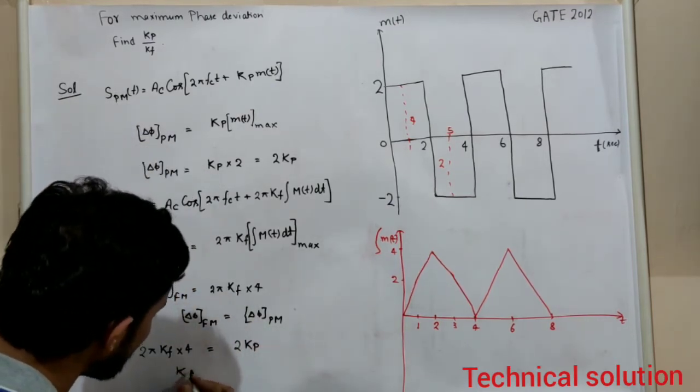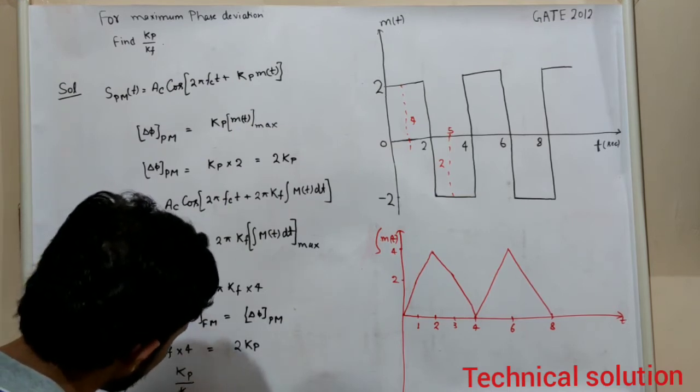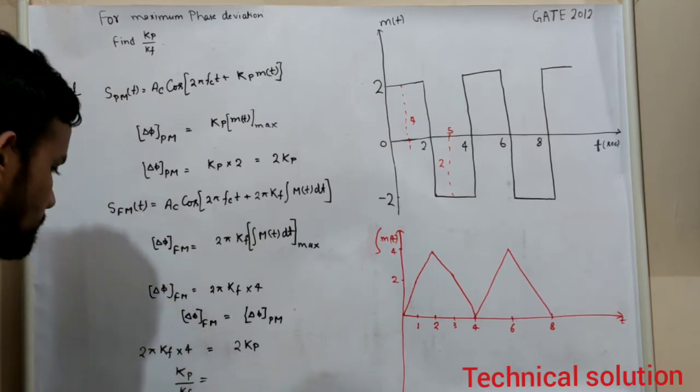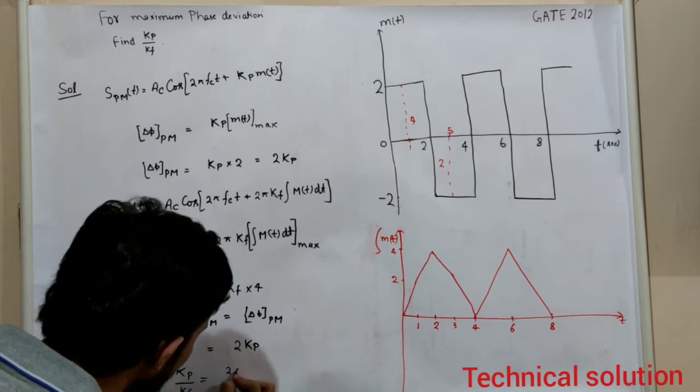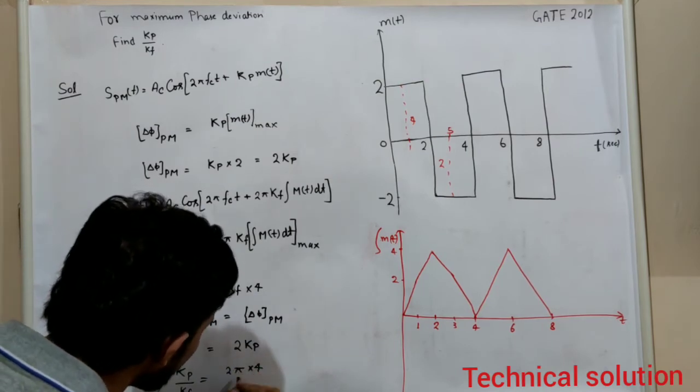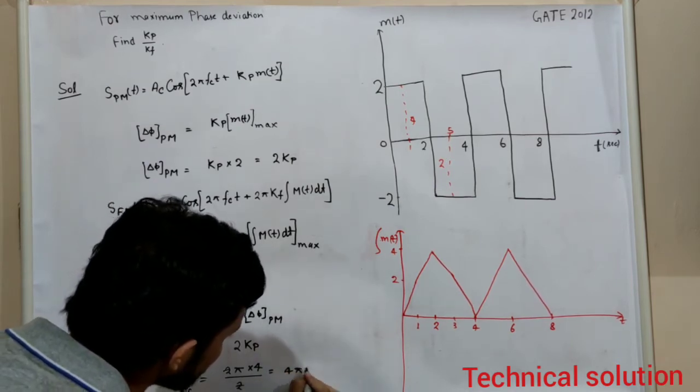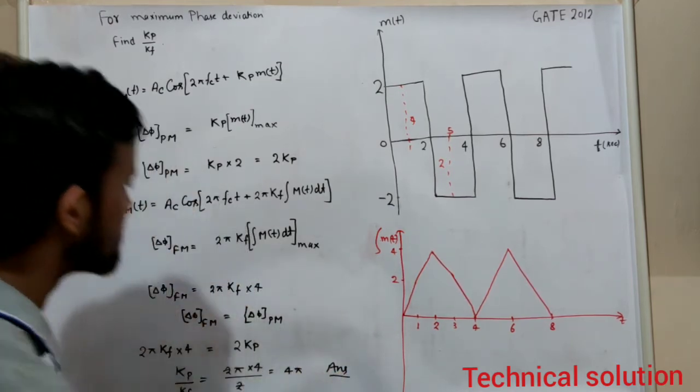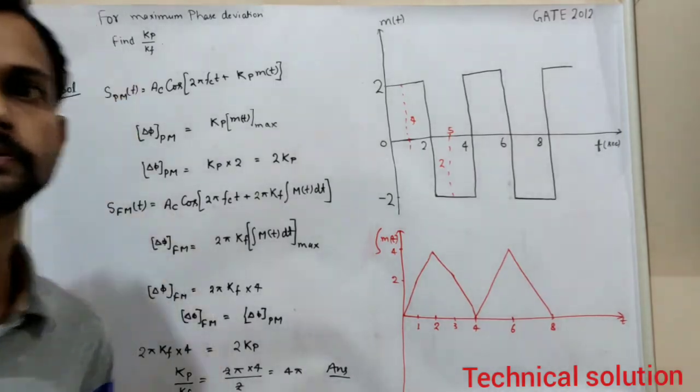Therefore, Kp by Kf is given as 2 pi into 4 divided by 2. 2 is cancelled by 2. This is 4 pi. Answer. Okay, thank you.